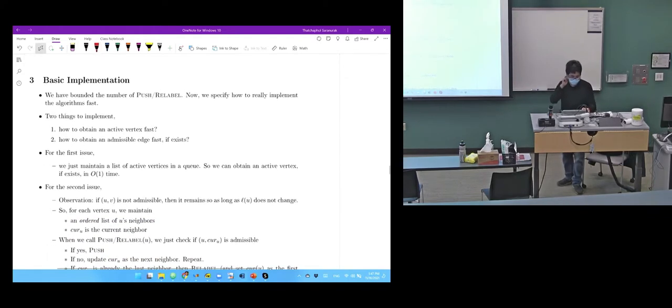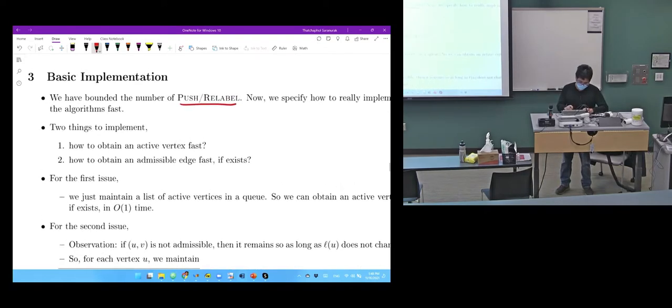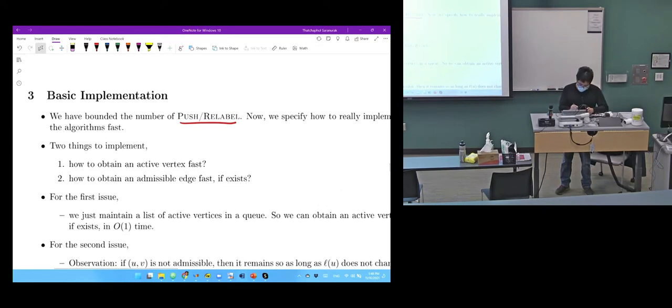Now, so far we just bound the number of push and relabel operations, but we didn't say how to implement the algorithm. There are some implementation details. For example, there are two things to implement.